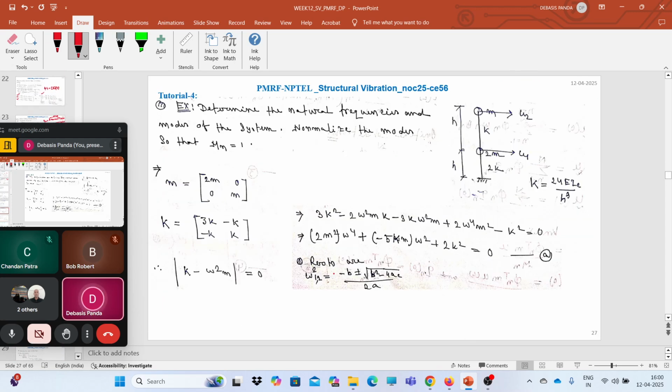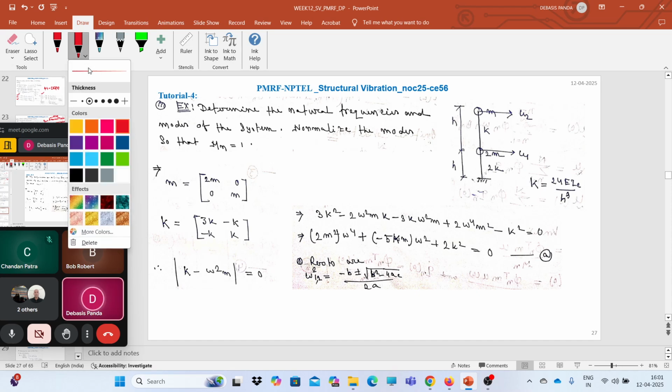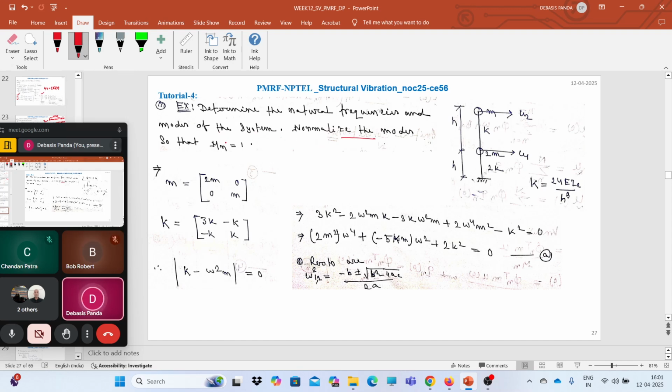Here is one more example, just focus on this problem, then I'll go to that problem also. Determine the natural frequency and modes of the system and normalize the modes so that Mn should be 1. Now maybe the question may be cast like this: your phi 1 is given for this system, say 1 and 1 by 3.